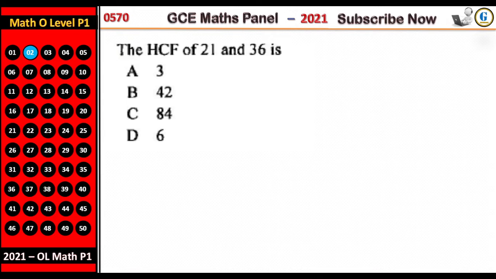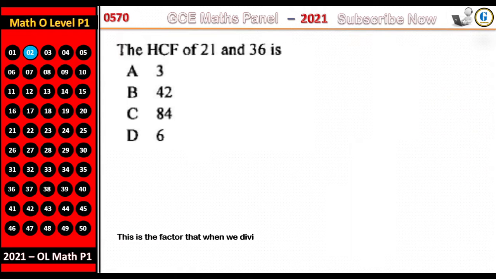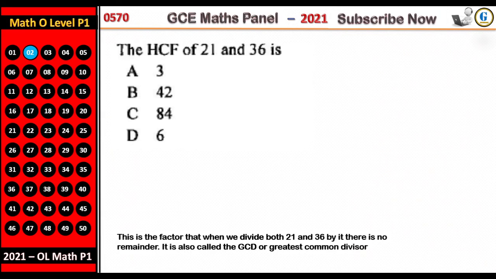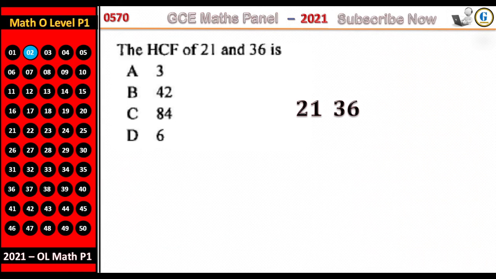The highest common factor of 21 and 36 is... So this is the factor that when we divide both 21 and 36 by it, there is no remainder. It is also called the greatest common divisor, or the GCD. So you have 21 and 36. We rule those lines. Then we divide.